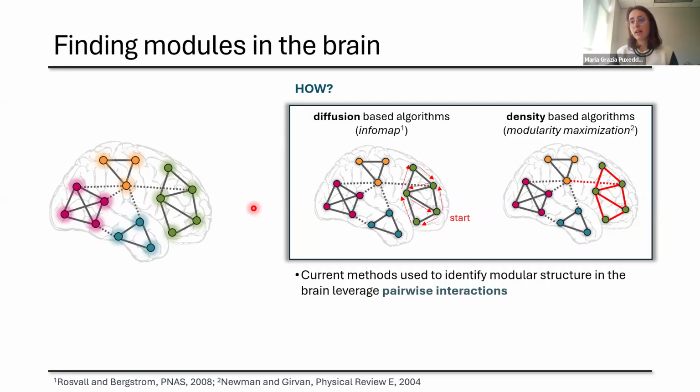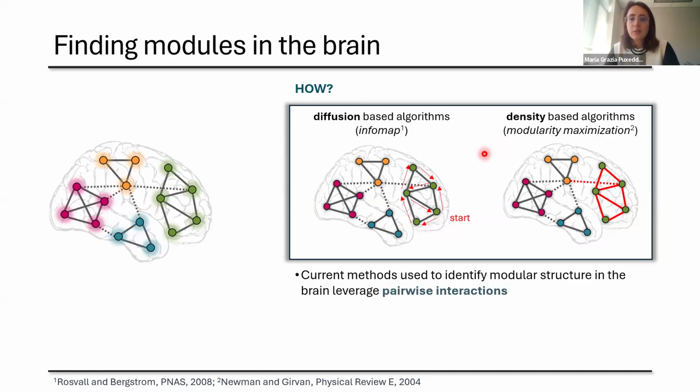At the state of the art, there are two main classes of methods, I would say. On one side, we have diffusion-based algorithms like InfoMap. Those are based on random walks. So basically, we identify as communities those groups of nodes where a random walker gets trapped.